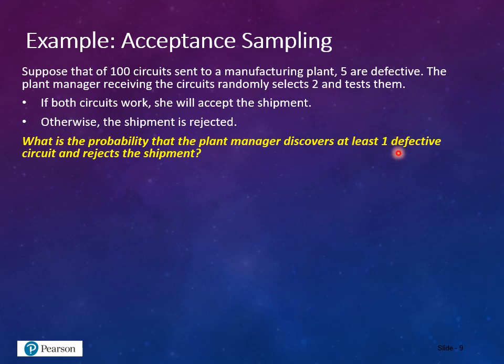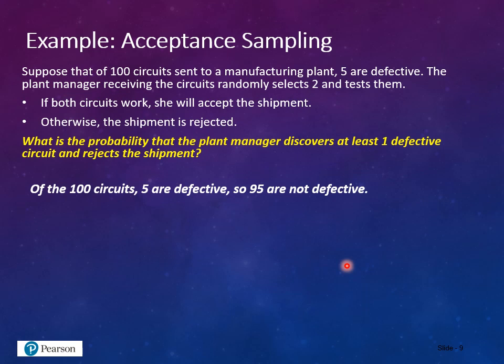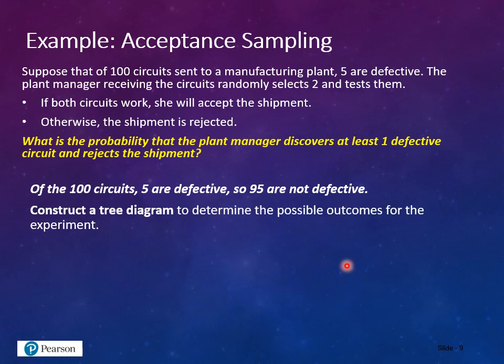It can't be 0 is defective because that's what we're looking for, okay? If 0 are defective, she won't reject it, she will accept the shipment, okay? Of the circuits, 5 are defective, so 95 are not defective or are good.